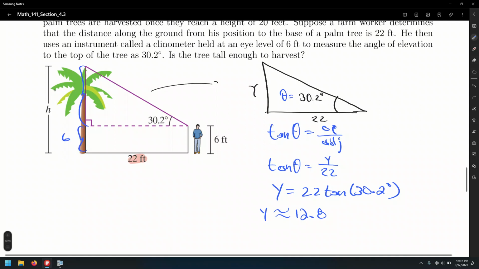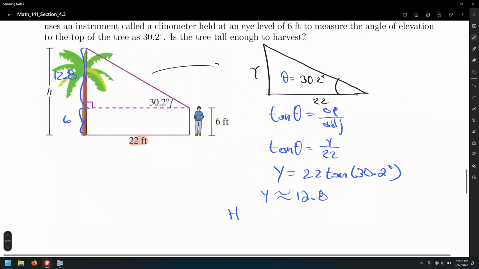6 feet here, so 12.8 plus 6. The height of the tree is equal to 12.8 plus 6, which is 18.8 feet. But that's not just a number.